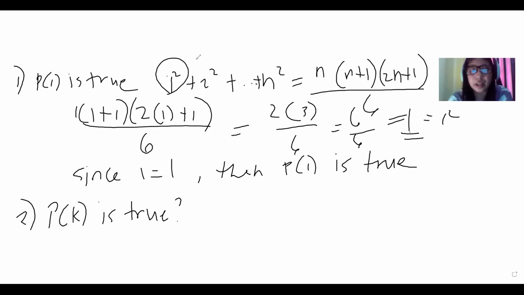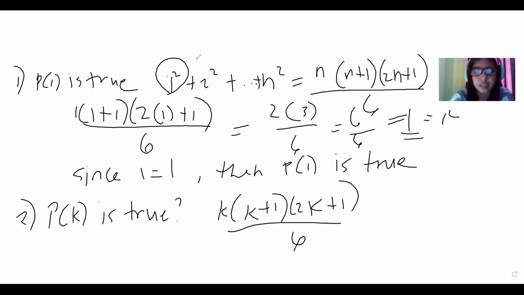So similarly, this is equal to k times k plus 1 times 2k plus 1 over 6. Of course, they have the same form because we just replaced n with another variable. Since we obtained a value of the same form as n multiplied by n plus 1 multiplied by 2n plus 1 over 6, therefore P of k is true.